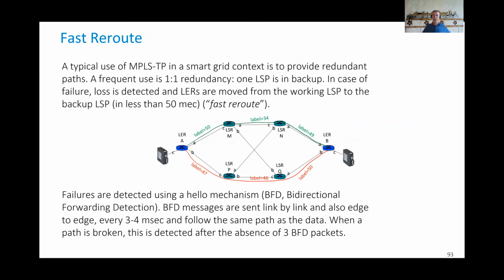What is the problem? The problem is changes in network topologies and failures. How does an IP network handle this? Well, if a link or a router breaks in the network, what happens? In principle, we have a routing protocol like OSPF or BGP or both that will discover the change.